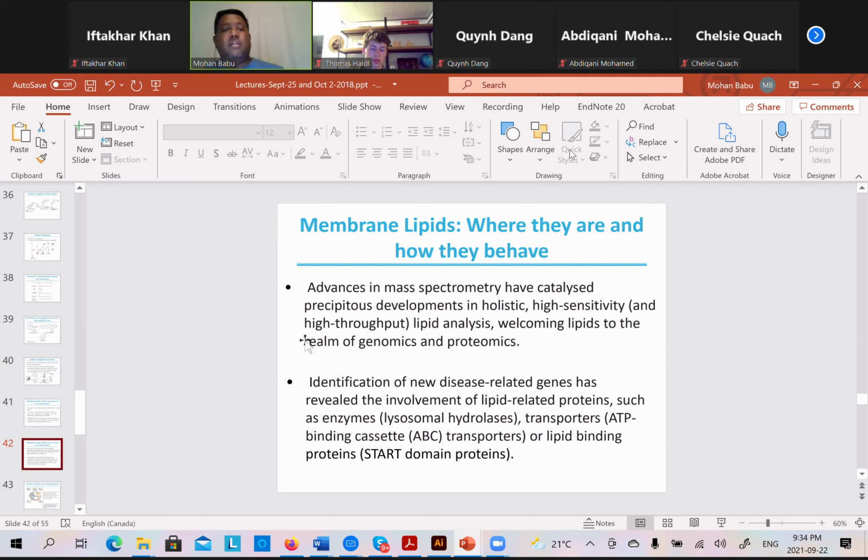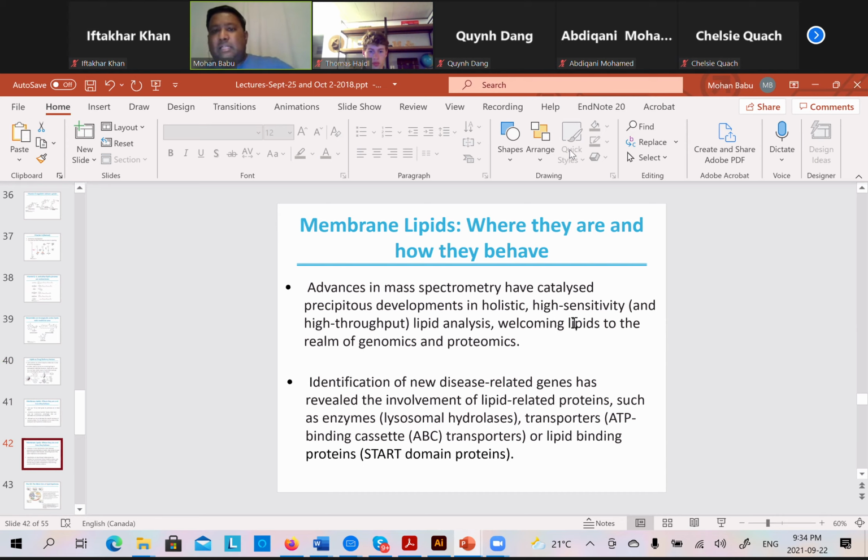Let's talk a little bit more about where the main site of lipid synthesis is. This is very important. As you all know, the endoplasmic reticulum is a major component. The main lipid biosynthetic organelle, where lipids are synthesized, is the endoplasmic reticulum.